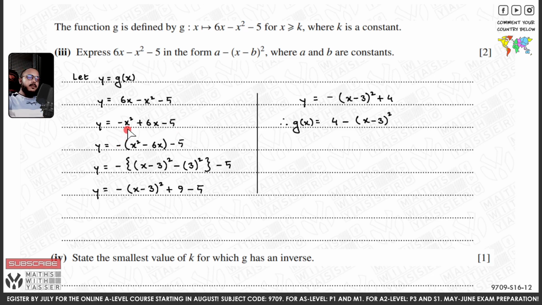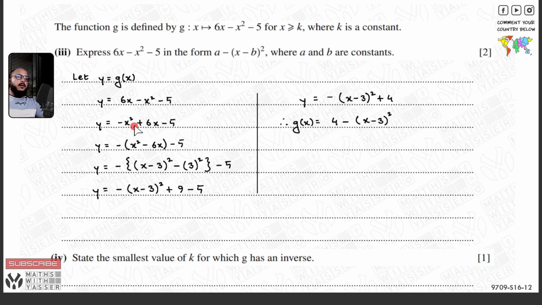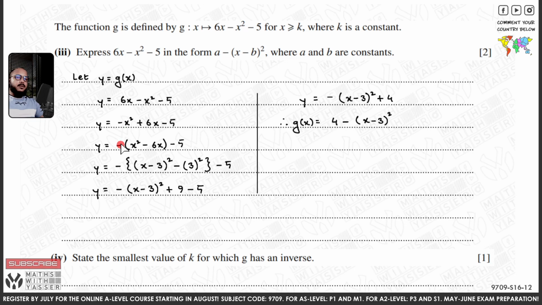Then before we do completing the square, we need to take minus common, and this becomes x squared minus 6x minus 5. So this is the bit for which I'll be doing the completing the square only. So minus remains outside, we use another bracket. So this will be x minus, and 6 over 2 is 3. So this will be (x minus 3) whole squared minus 3 whole squared.